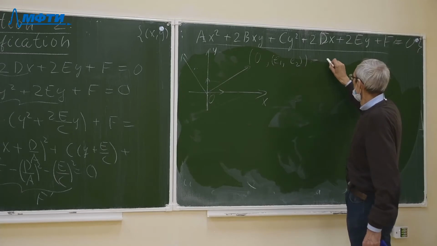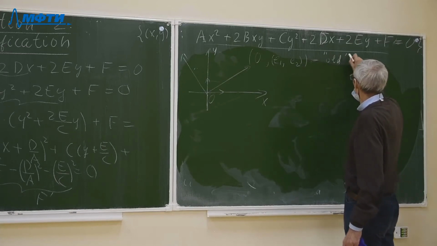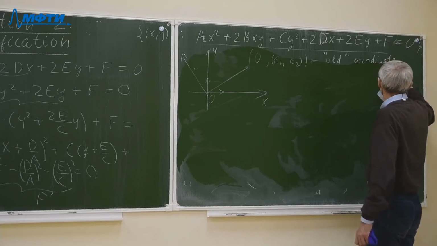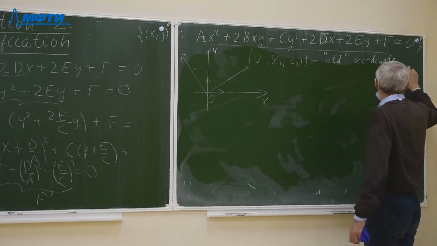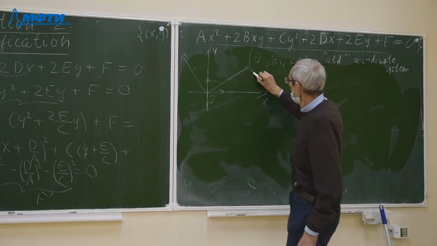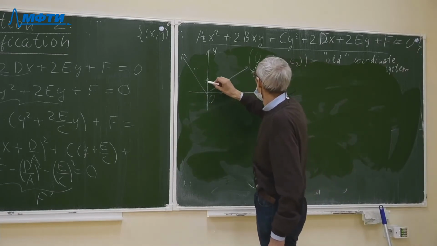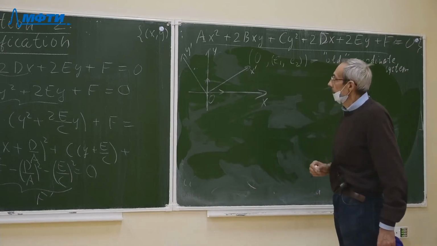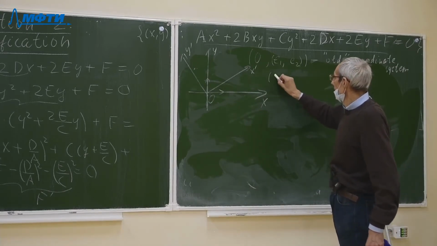This is the so-called old coordinate system. And we have also x prime, O, y prime, a new coordinate system.